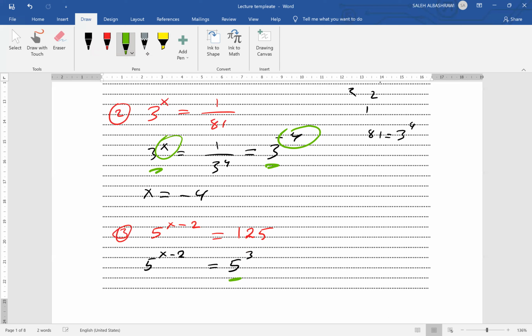Now, since we have the same bases, the powers will be the same. It means the power x minus 2 equal to 3. I have a linear equation in this case. That will give me x equal to 5. So the solution for this exponential equation is x equal to 5.